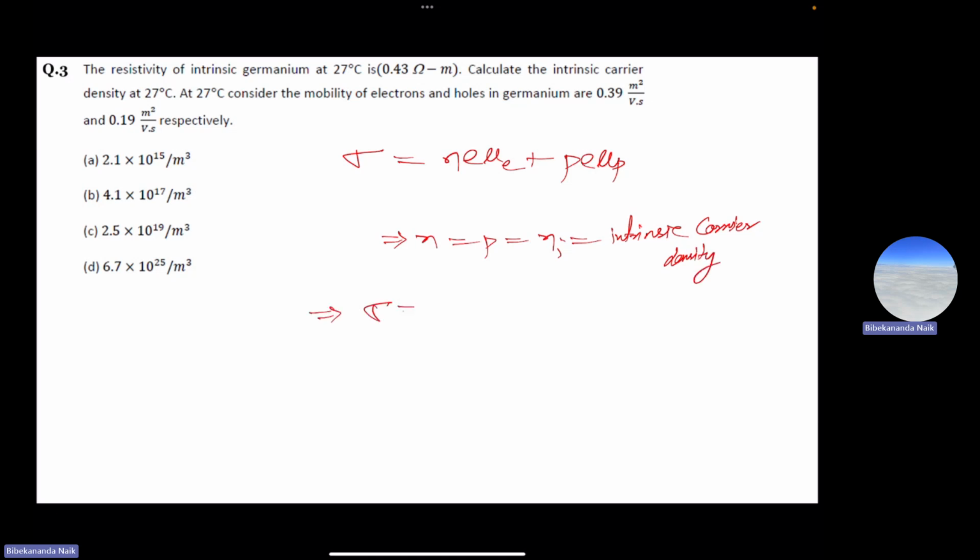So it will be Ni e (mu E plus mu P). Here we need to find out the intrinsic carrier density. So the intrinsic carrier density Ni will be conductivity sigma by e (mu E plus mu P).